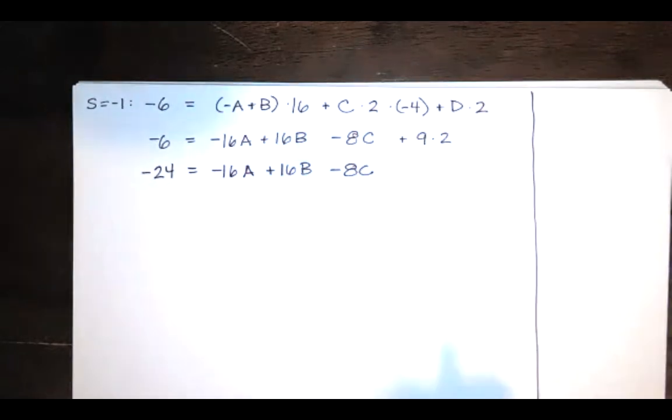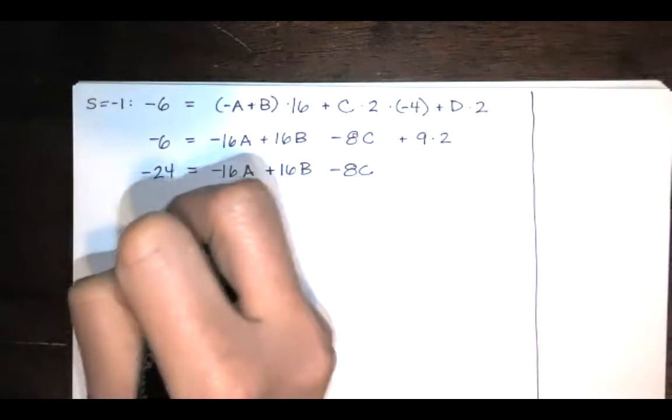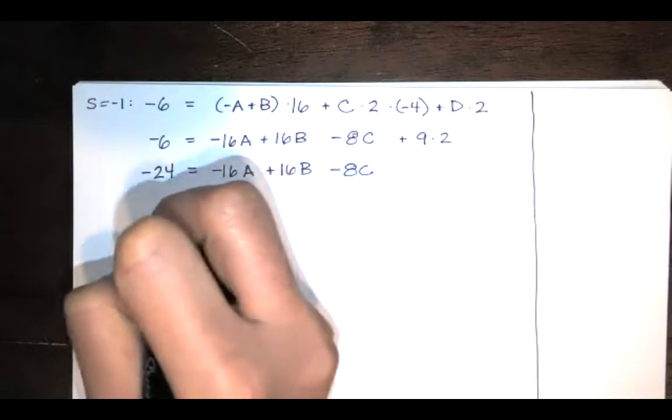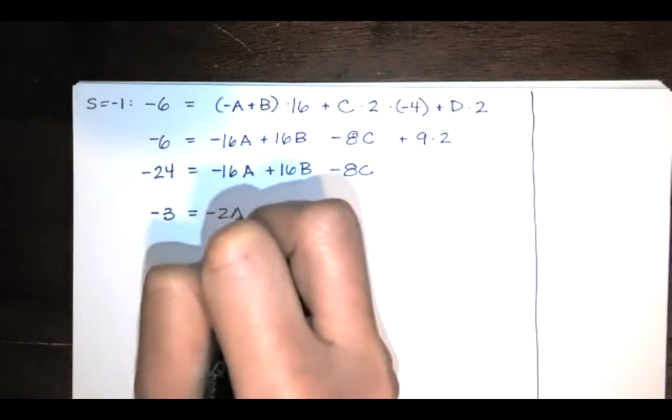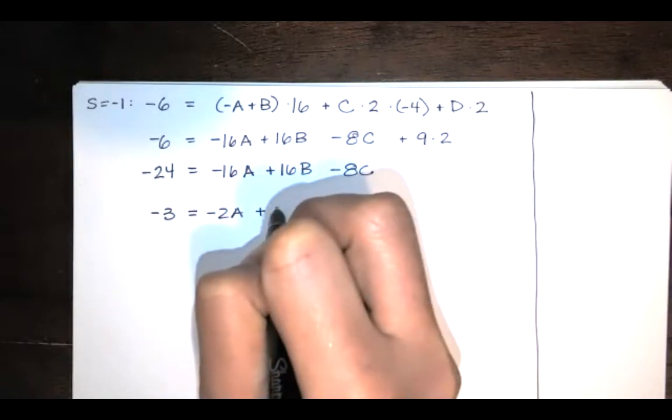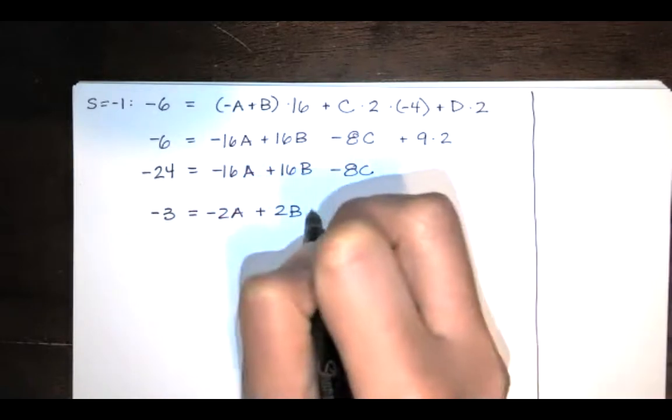And I see all of these are multiples of 8, so I think I'll just divide everything by 8. If I divide by 8, I have negative 3 here, and then a negative 2a here, and a 2b, and a minus c.